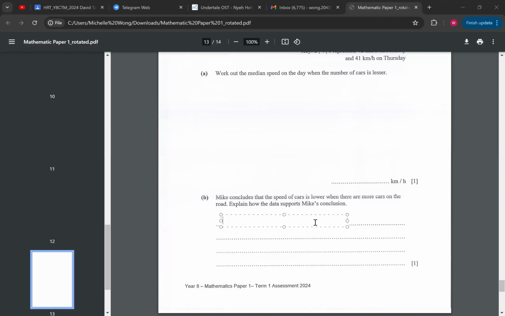For B, Mike concludes that the speed of cars is lower when there are more cars on the road. Explain how the data supports Mike's conclusion. So for this, yes, that's on Thursday.